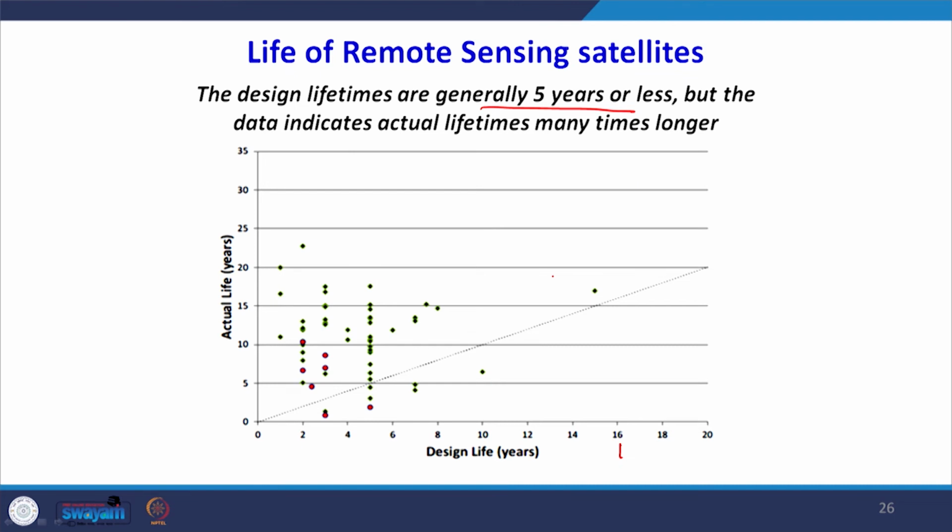So, design life is 5 years, that means the next satellite has to be ready for launch before the expiry of the previous one, so that the continuity is maintained. But many satellites, as you can see, actual life is given on the y axis. So, here you can see that many satellites have performed much more than what was the design life of the satellite.